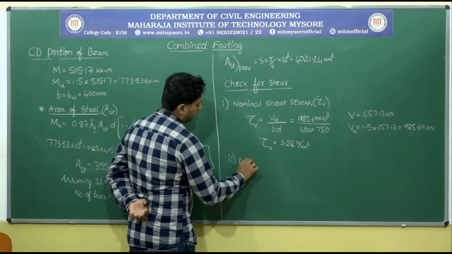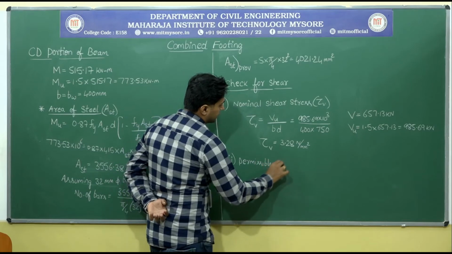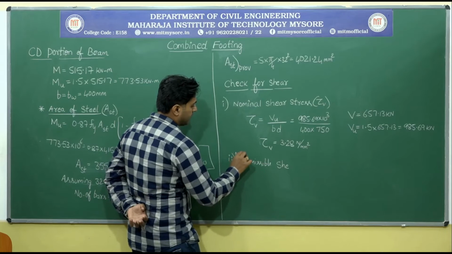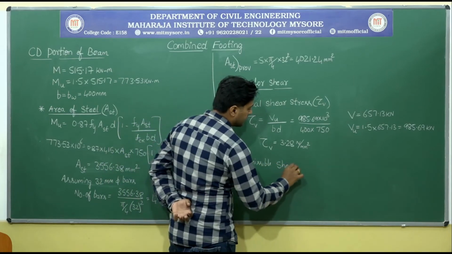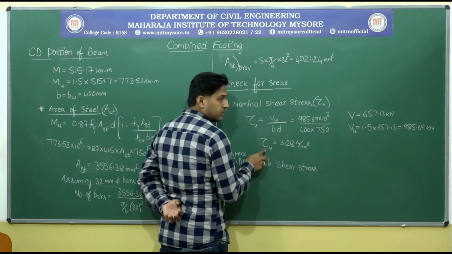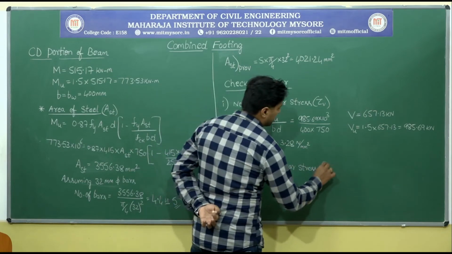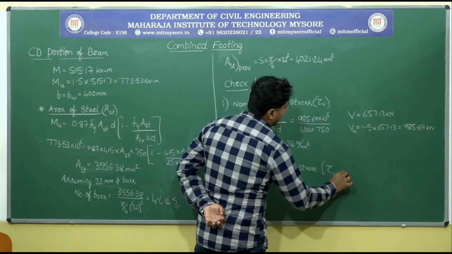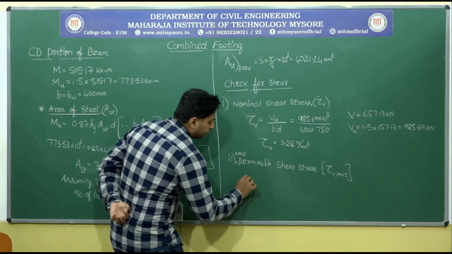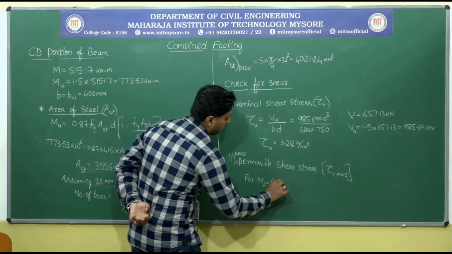Okay, so what is the second step? It is the maximum permissible shear stress. The code suggests that whatever value we get should never exceed tau C max. So the maximum permissible shear stress is tau C max. How do we calculate it?